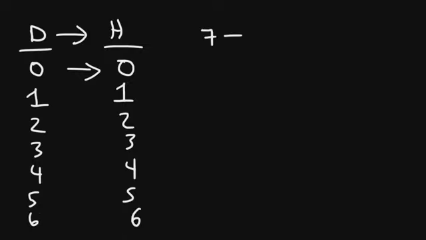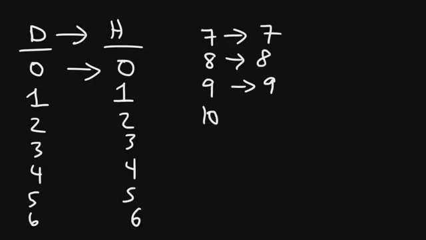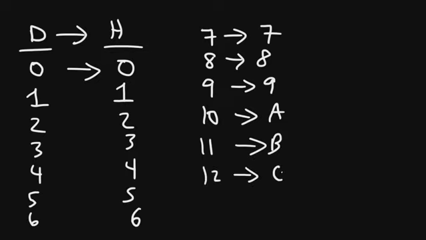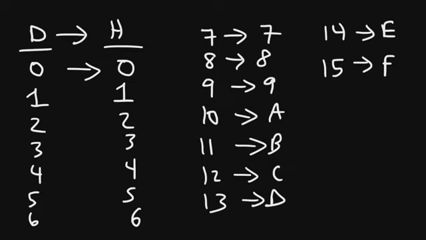Once you get to 10 in the decimal system, that's A in the hexadecimal system. 11 corresponds to B, 12 corresponds to C, 13 corresponds to D, 14 corresponds to E, and 15 corresponds to F. So F is the highest digit in the hexadecimal system. Notice that the highest number we see here is 15. The hexadecimal system is a base 16 system, and if you include 0, we have a total of 16 numbers. So just keep that in mind.